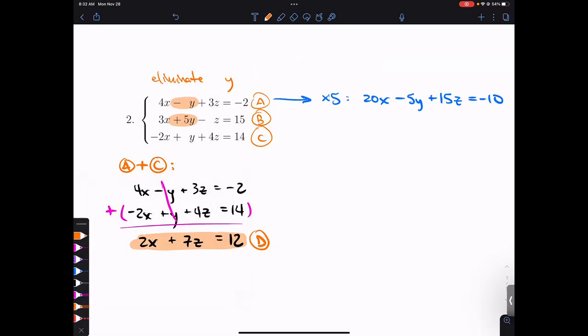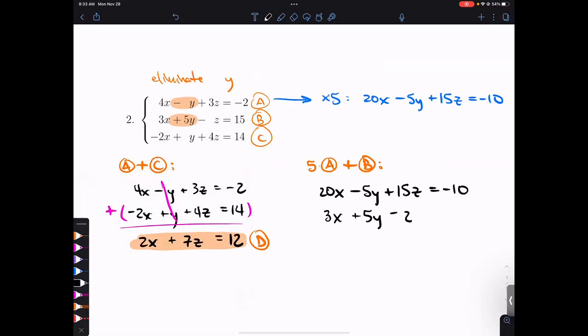Okay, so I'm going to take that, 5 times A, and add that to B. So the equation I just came up with, 20x minus 5y plus 15z equals -10, and 3x plus 5y minus z equals 15.